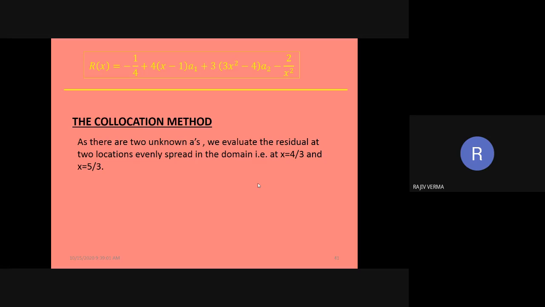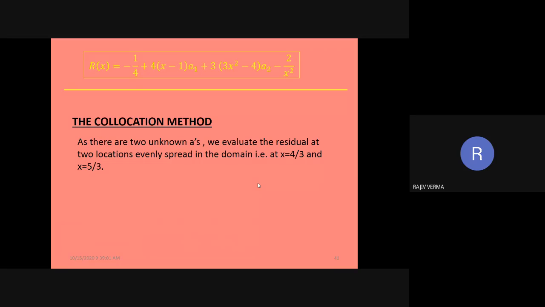That means that the 2 points are at a distance of 1 by 3 in the domain itself. They are centrally placed, and the distance between the two nodes happens to be 1 by 3.